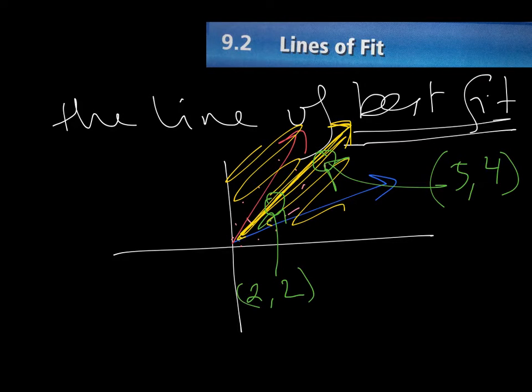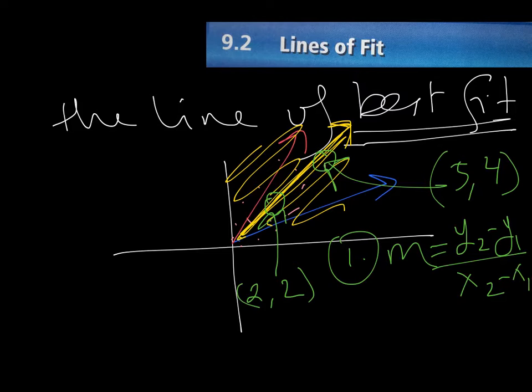Now, given 2 points, can I write the equation of the line? Yes, right? We have step 1, find m, with m equals y2 minus y1 over x2 minus x1. And then step 2, plug in m and one of the points into y equals mx plus b, right?